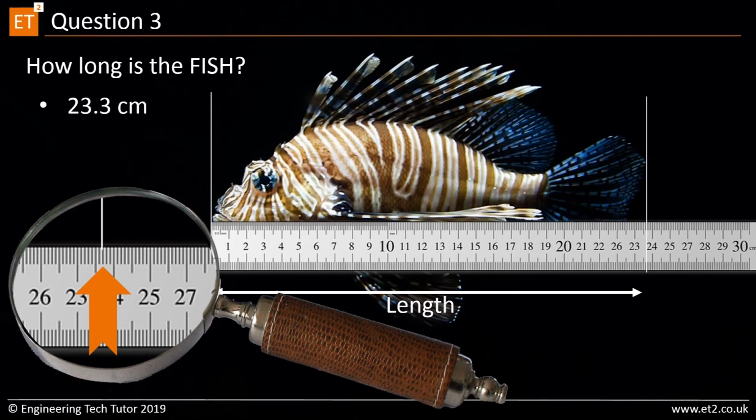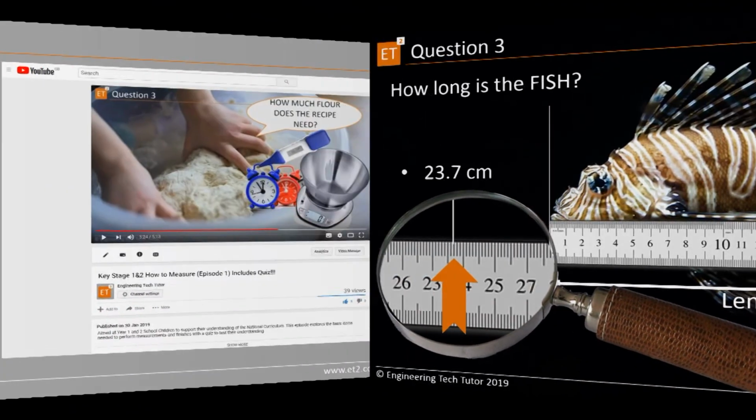So is the fish 23.3 centimetres long, 23.5 centimetres long, or 23.7 centimetres long? That's right, the answer is 23.7 centimetres long. Well done if you got that right.